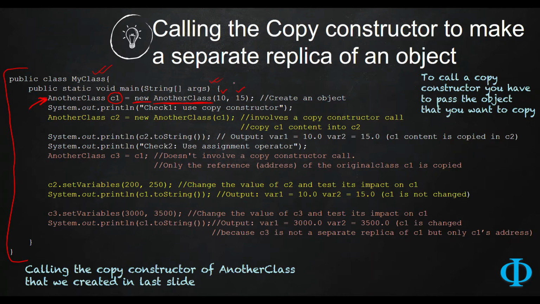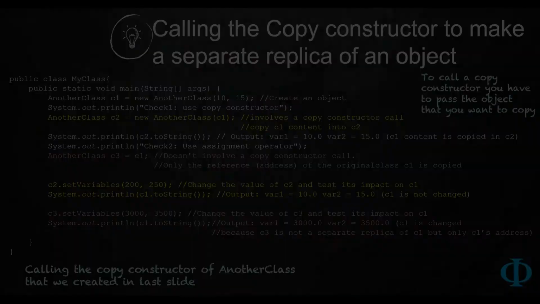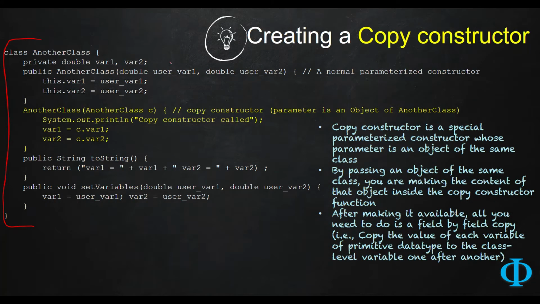So right after this line is executed, it will automatically call the another class's parameterized constructor that matches this type of parameters. Let me go to the another class. Once that line is called, it will call this parameterized constructor of another class, and it will pass 10 as user var1, and it will pass 15 as user var2.